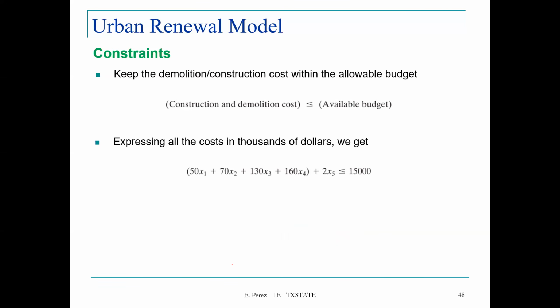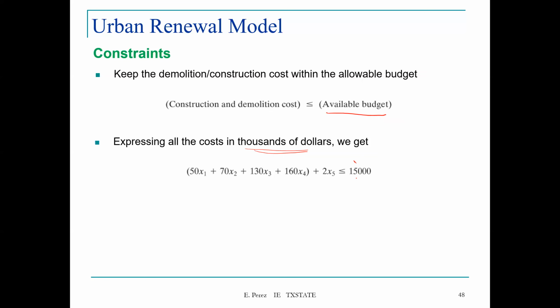Two additional constraints keep the demolition and construction costs within the allowable budget. So we have this limitation in terms of funding. So construction and demolition costs have to be less than or equal to the available budget. So expressing all costs in thousands of dollars, this was 15 million. So now we are making those in terms of $1,000.